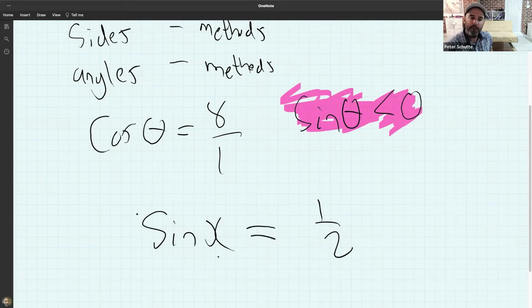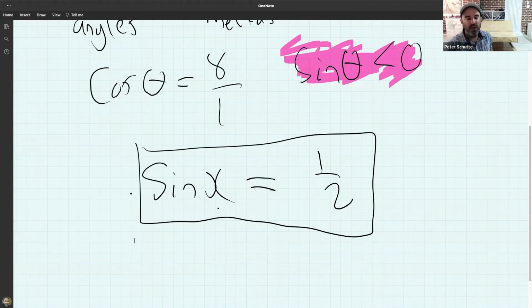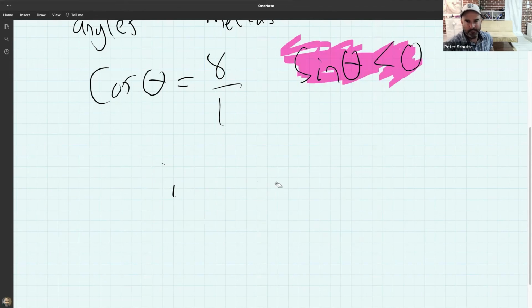But when you think of a trig ratio as a function, as something that repeats itself, you don't just get one answer, you get multiple answers to a trig equation. For that to make sense, I need to extend the definition of trigonometry from just a plain old triangle, and make sure that an angle can be more than 90, which I haven't really talked about yet, but that's going to come in a later lesson.